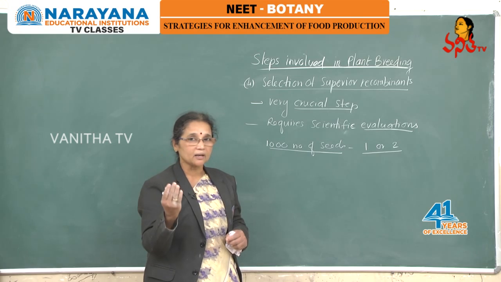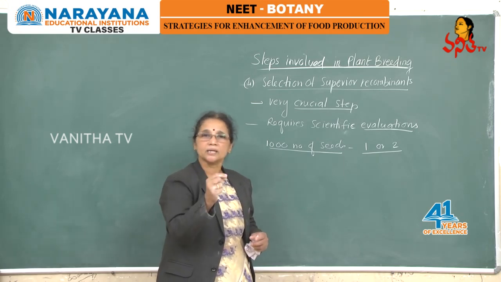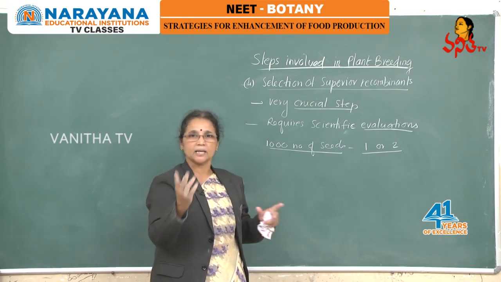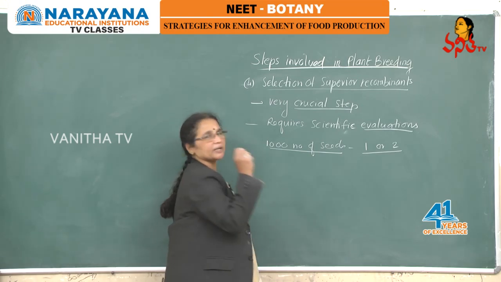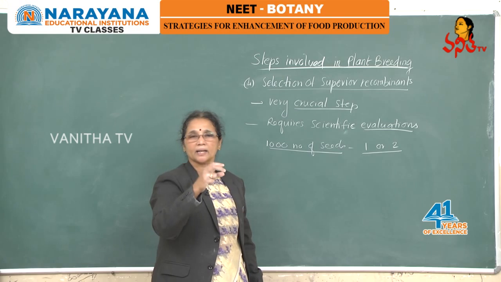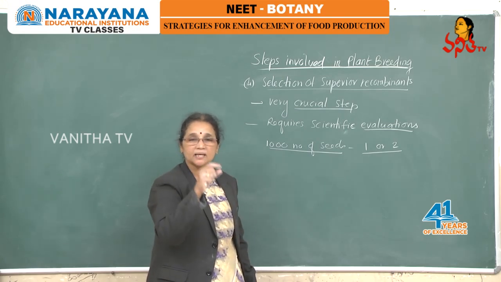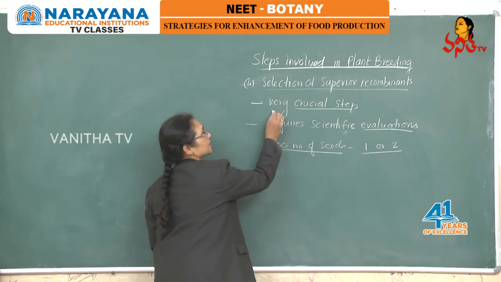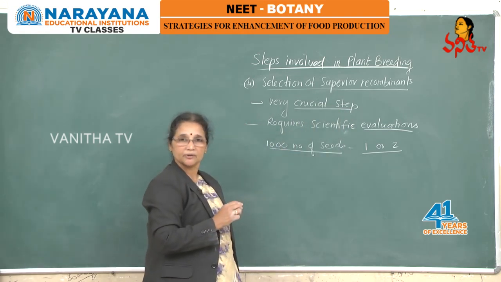For example, we selected in the previous class high protein content and disease resistance, present in two different plants. They should be present in a single plant. And for this, we should go very carefully in selecting, among the 1000 offspring, which plants have our combinations. That's why this step is considered very crucial and requires scientific evaluation.